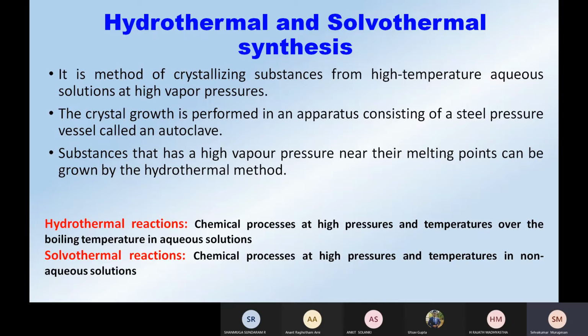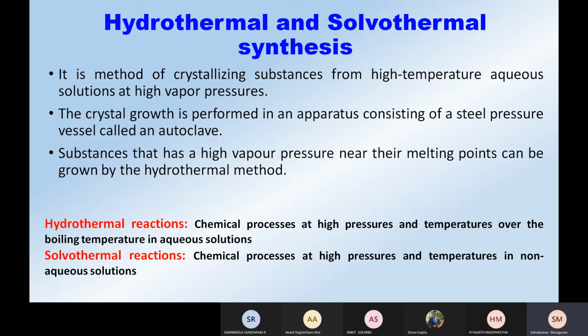Okay, so it's a method of crystallizing substances from high temperature aqueous solutions at high pressures, or preparation of nanoparticles from high temperature aqueous solutions at high vapor pressures. Okay, and the total reaction or the crystal growth is usually performed in an apparatus consisting of a stainless steel pressure vessel called an autoclave.